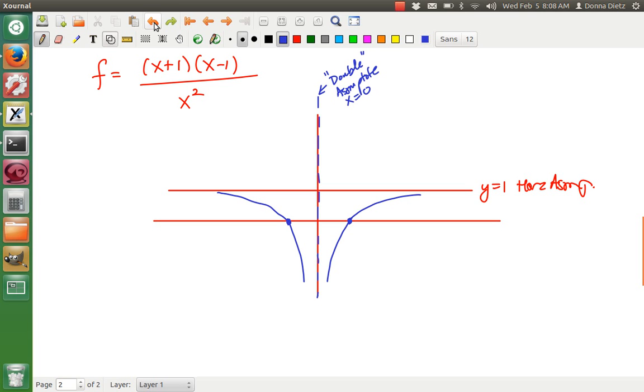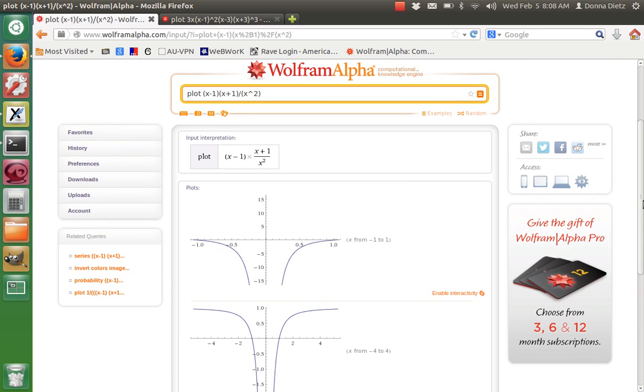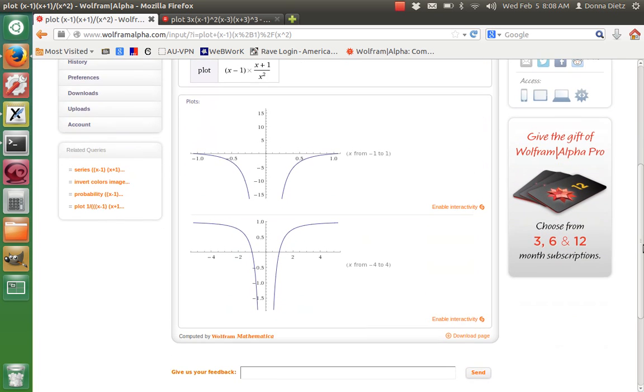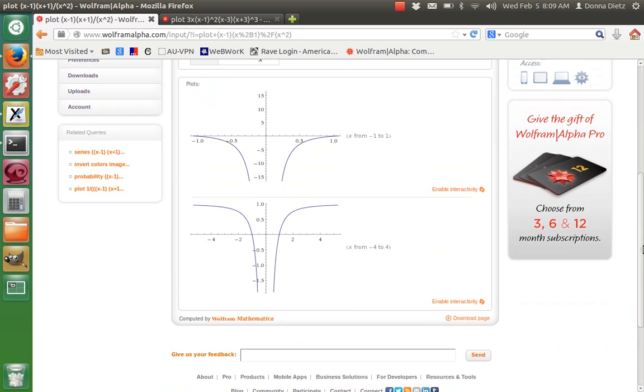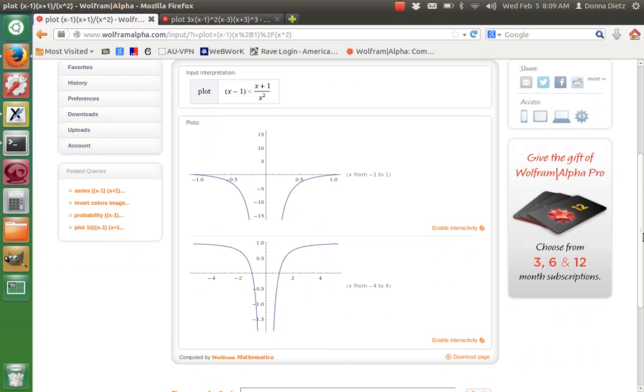That's just the way it goes. Or you flip along the line y equals x, you still have a rational function. It's pretty cool. Oh yeah, so we wanted to see if, yes, we agree with Wolfram Alpha, and you see based on the scale, you get a totally different look. And that's right. Okay, I'm going to pause and set up for the next one.